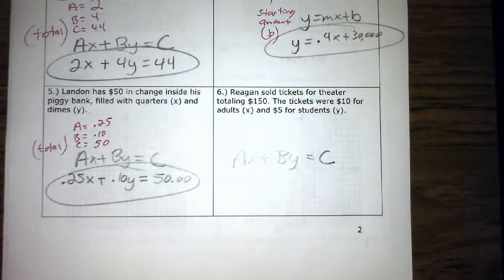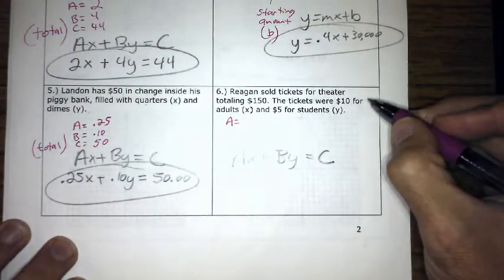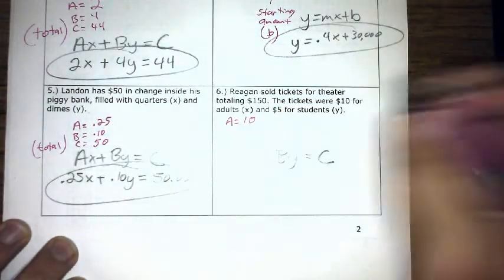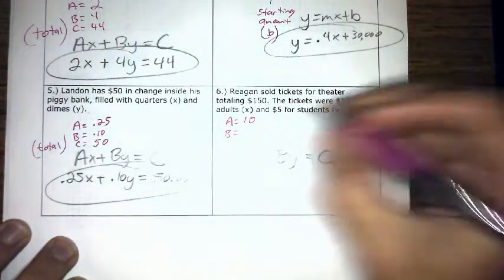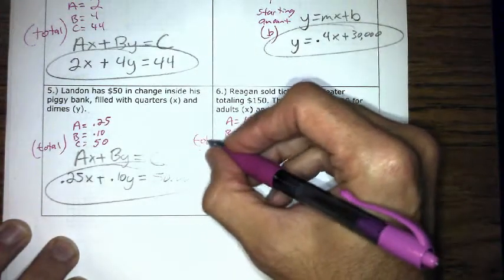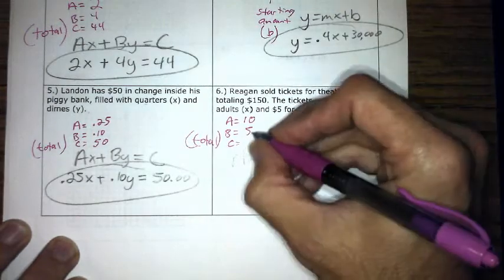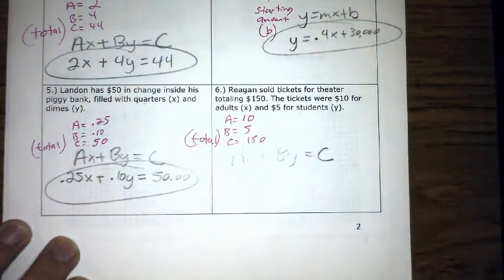Okay, so identify your terms. A, you got $10 for adults. B, you got $5 for students. And the total for all of them, or your C value, is $150. Okay?